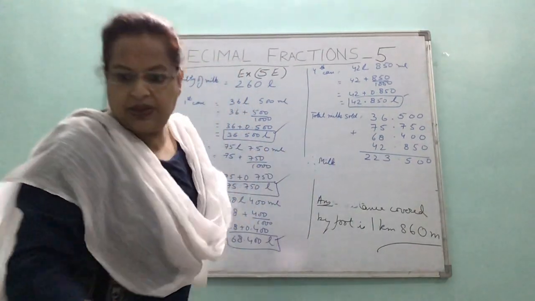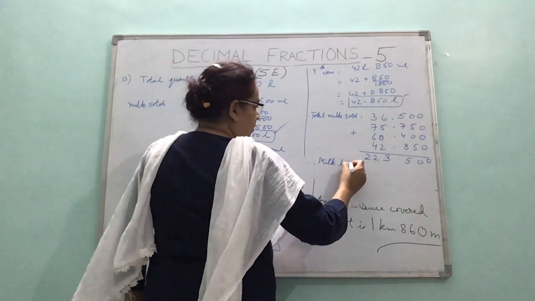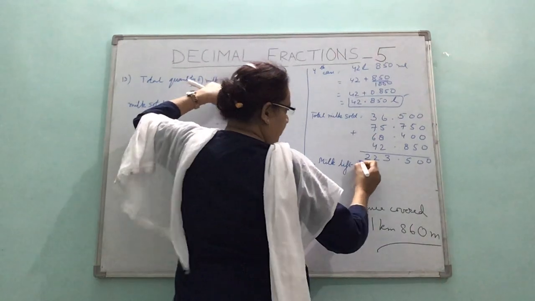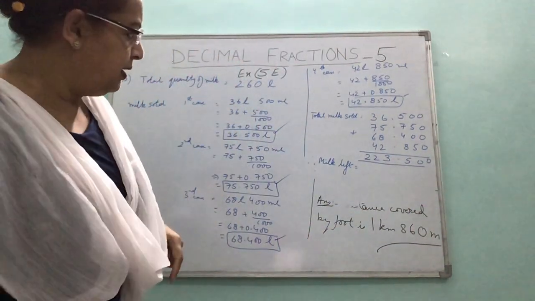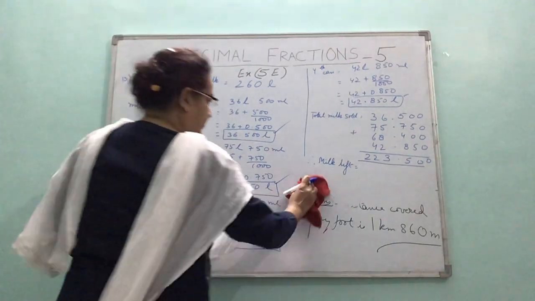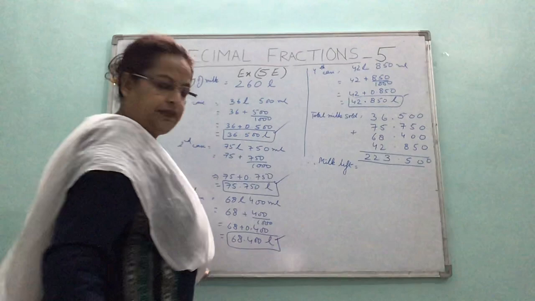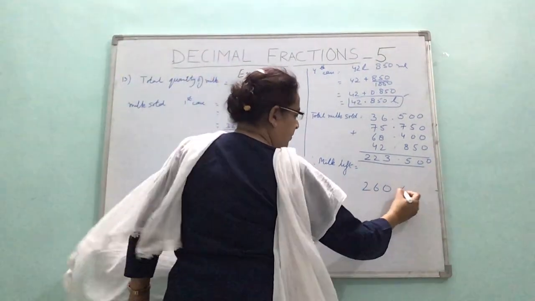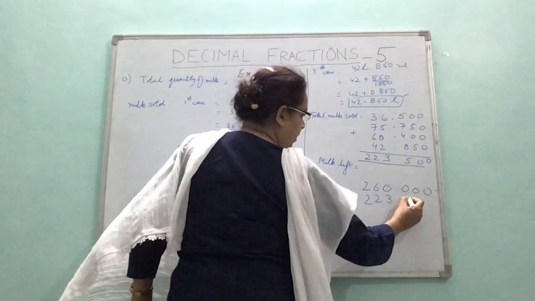Therefore, milk left. You have to find how much is sold or how much is left. Milk left with him. So from total quantity, which is 260 liters, I'll just rub this also, and so that we have space. From 260, I'll subtract 223.500.